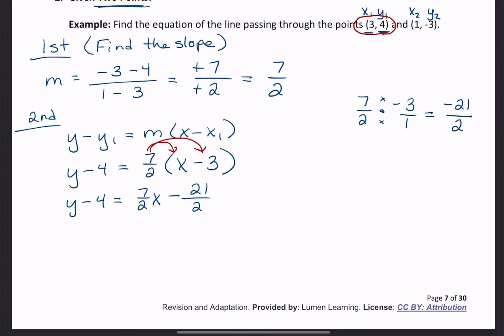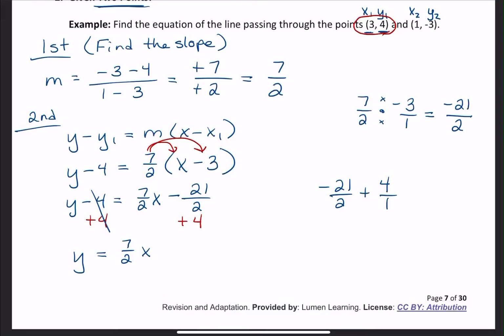So I'm almost done, except I need to get y by itself. So I'm going to add 4 to both sides. Here again, I've got a fraction plus a whole number. So I've got -21 over 2 plus 4, and I'm going to put that over 1. Now, to add or subtract fractions, you have to have a common denominator.